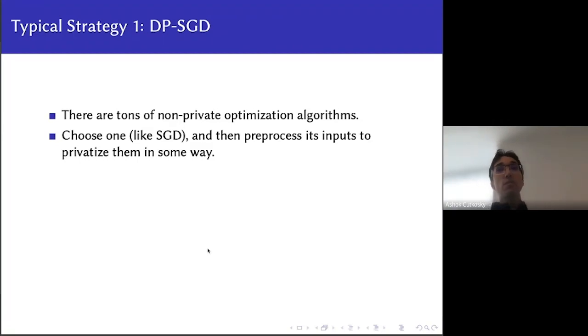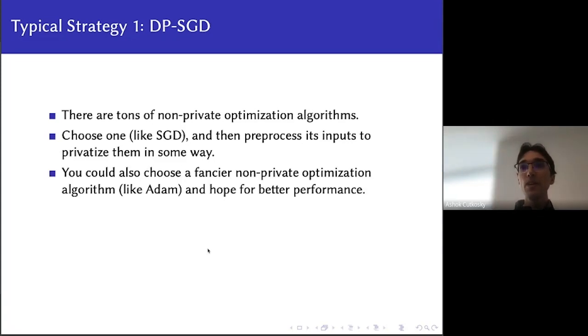The other one, their job is to produce better ways of privatizing things like gradients, and they don't have to worry about optimization algorithms, at least so much a priori. And this has the advantage that you can use this modularity to improve things, right? Like if the optimization team says, hey, I've discovered this algorithm Adam, it's really, really good, we can just use that, right? And it'll make the algorithm presumably perform better overall while maintaining privacy.